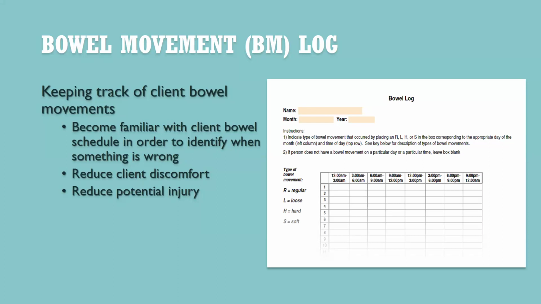It can potentially reduce client discomfort from constipation and reduce potential injury. And if your client is having repeated issues with their bowel schedule, this would also be a good document to take a copy to their provider for.